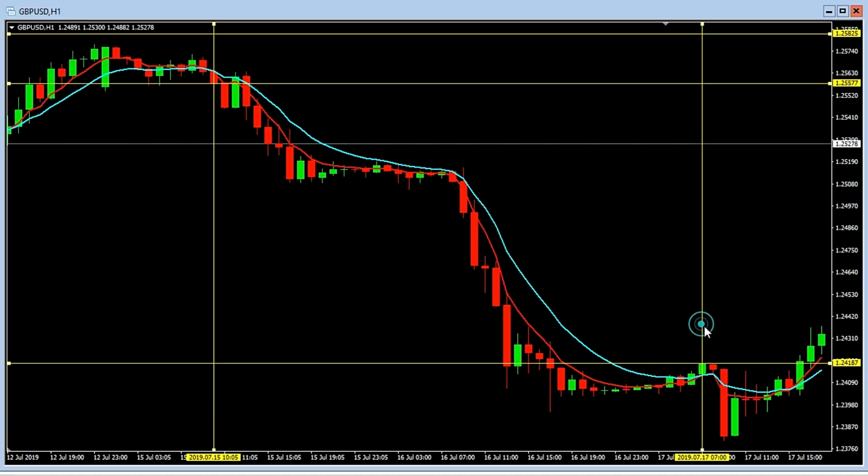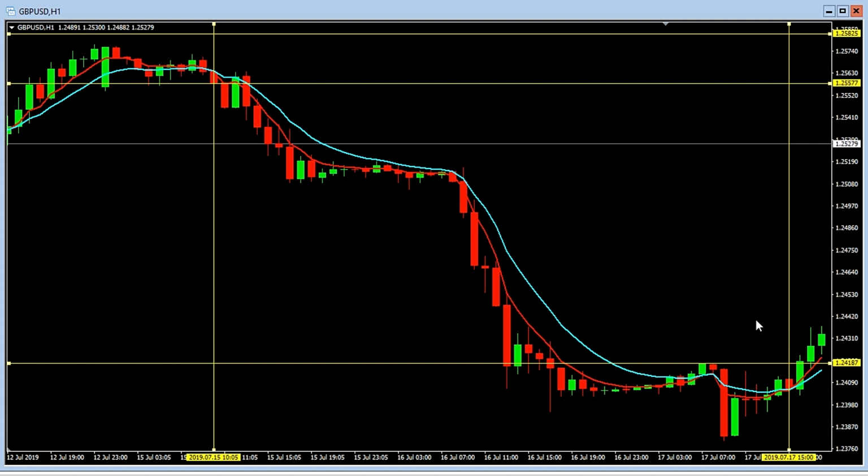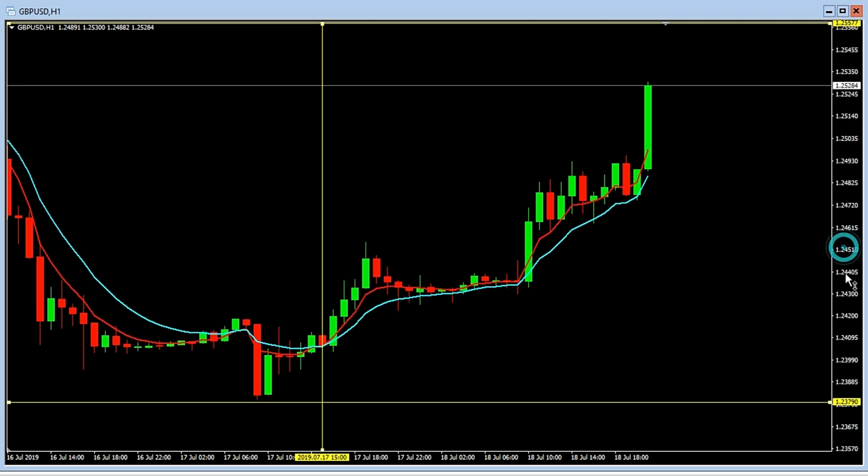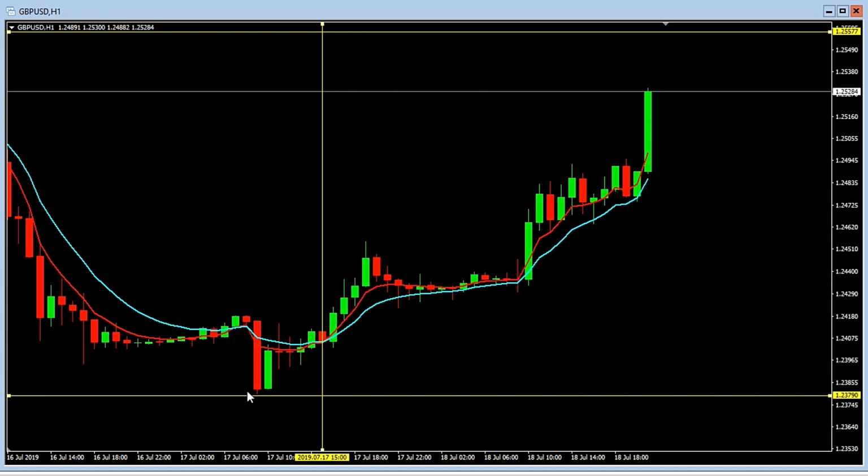Now we're getting a buy signal here, and then we place our stop loss 5 pips below this candle.